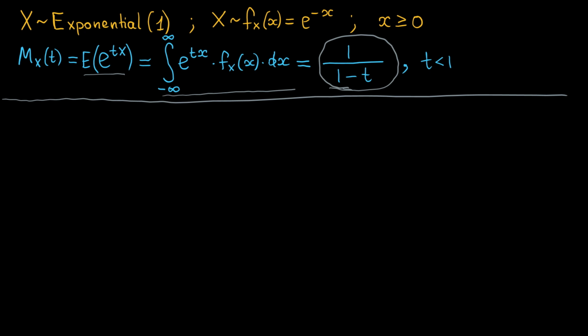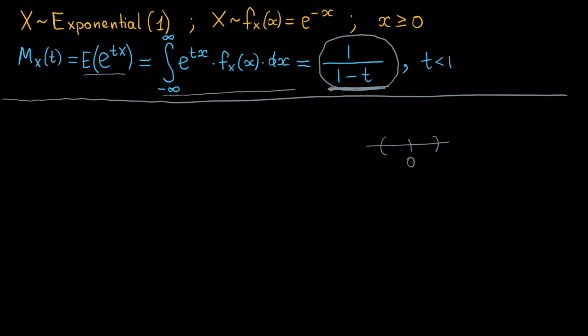Importantly, and this is key, we did not conclude at this point that the moment generating function exists. We can only say that the moment generating function exists if this function that we obtain here after we do this integration exists or converges for all t in a neighborhood of 0. There has to be a neighborhood of 0.